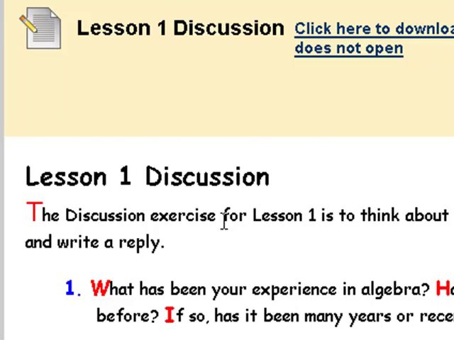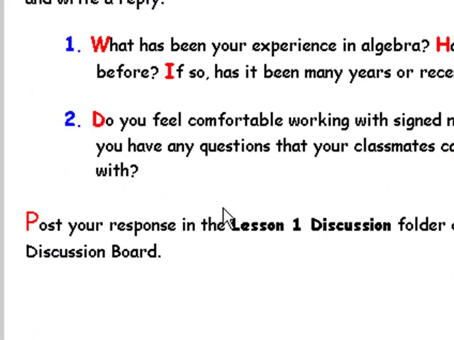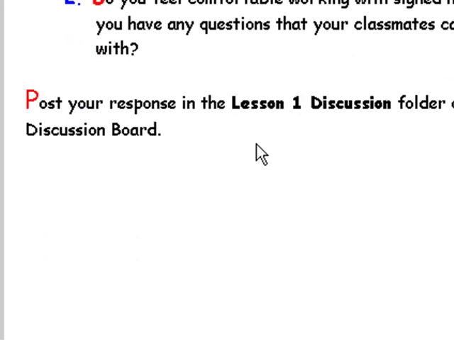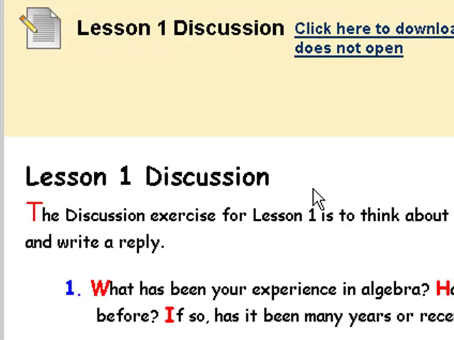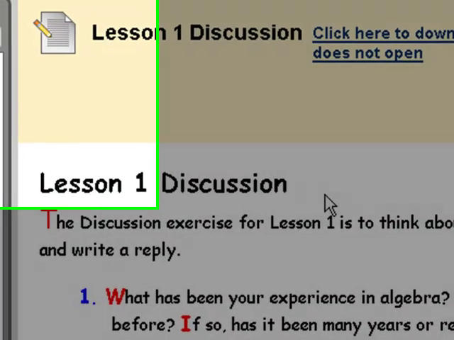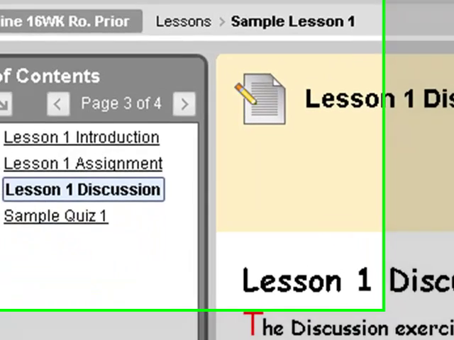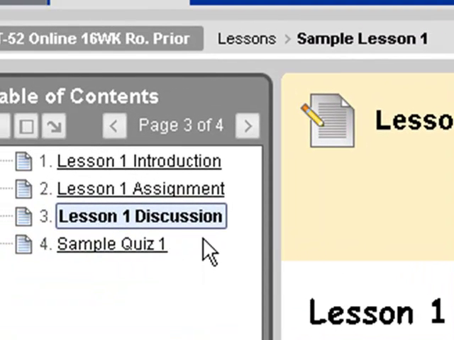But the online discussion, in this particular case, asks two different questions: what's your experience in algebra, and so on and so forth. And it then says post your response in the Lesson 1 discussion folder on the discussion board. So that will be in virtually every lesson where we have some kind of discussion. What we do see, though, is sample quiz 1.